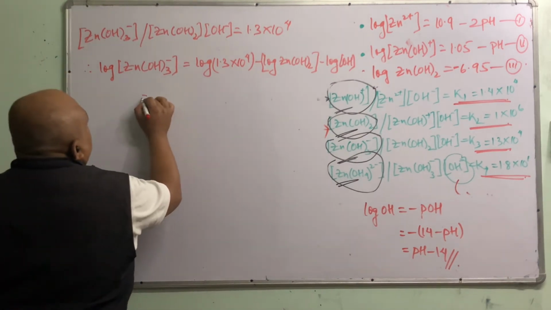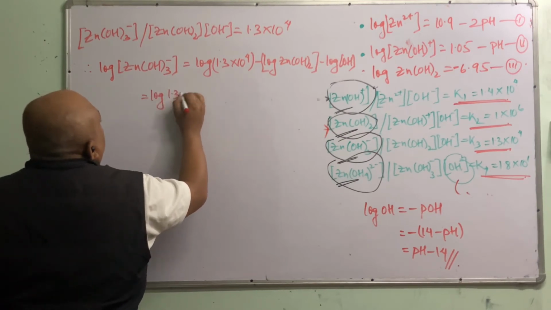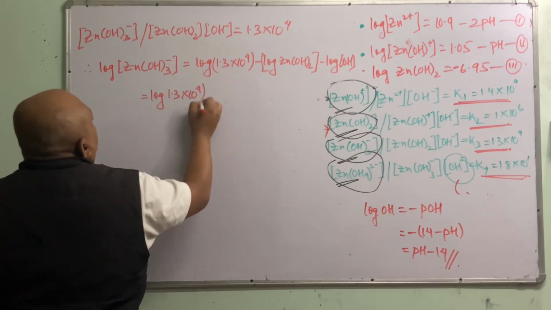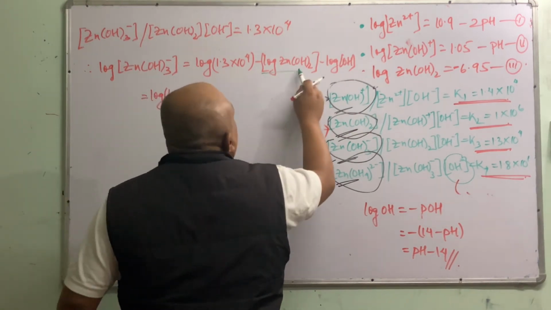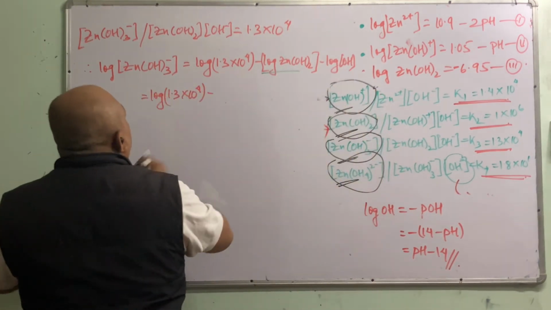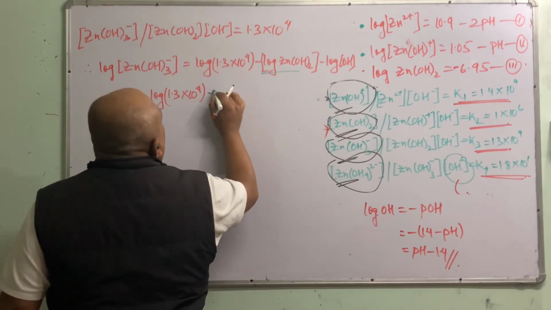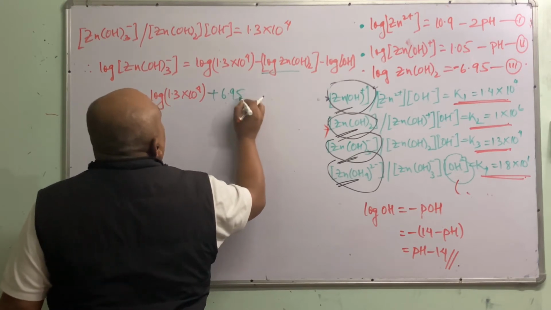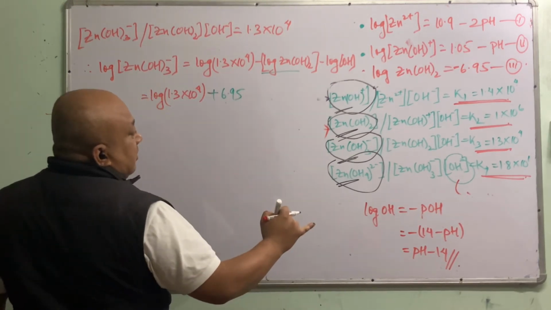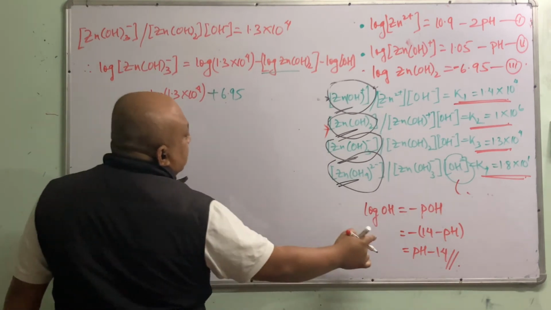So it's equal to log of 1.3 into 10 to the power 4 minus this part. Again I'm copying it, this is minus 6.25. So this is minus, so this will be plus 6.95. Okay, and what is negative log of OH?